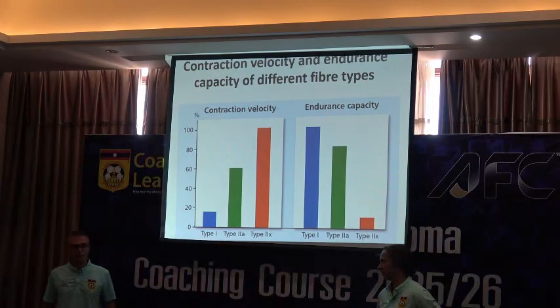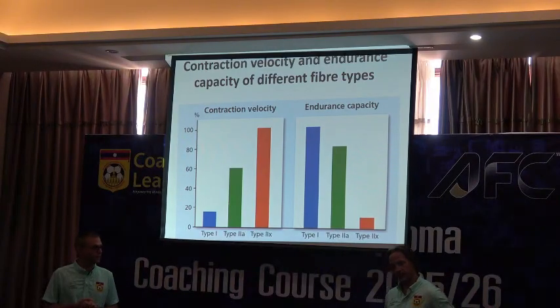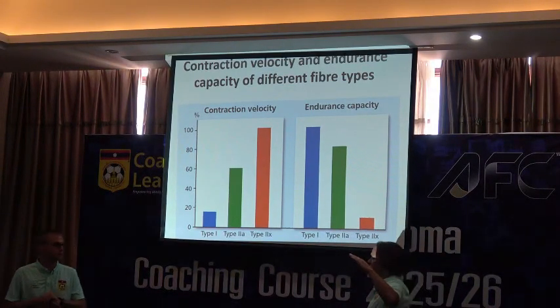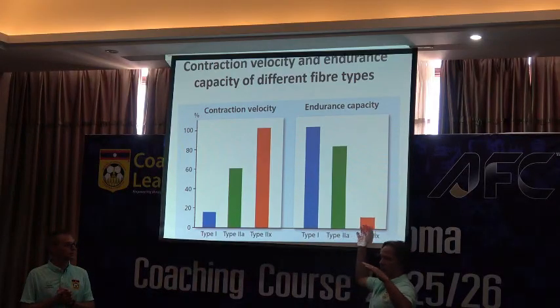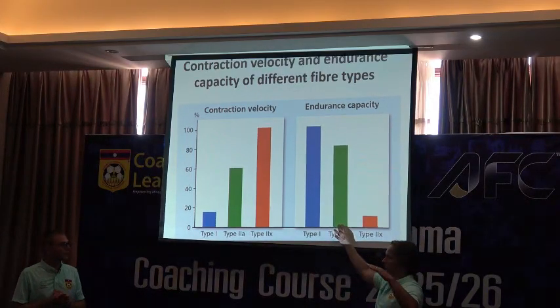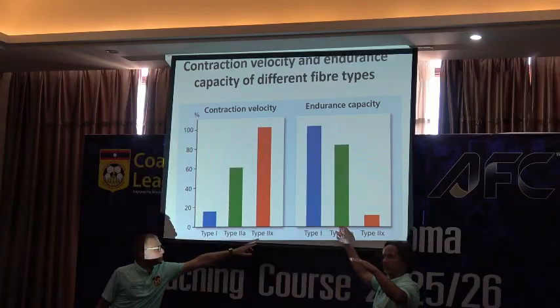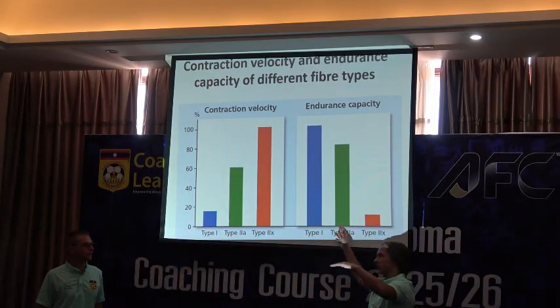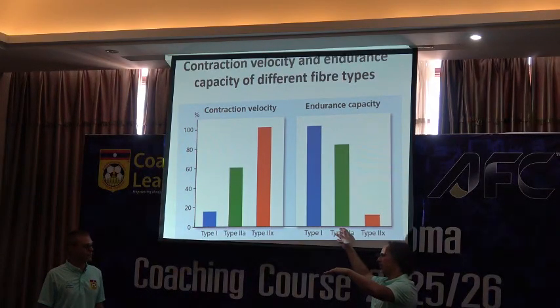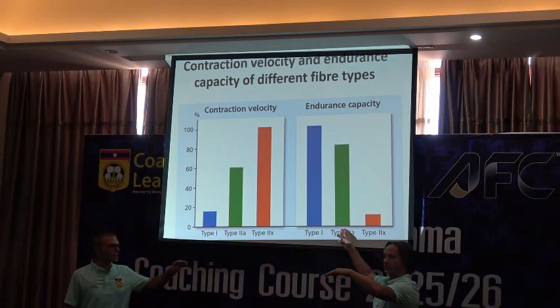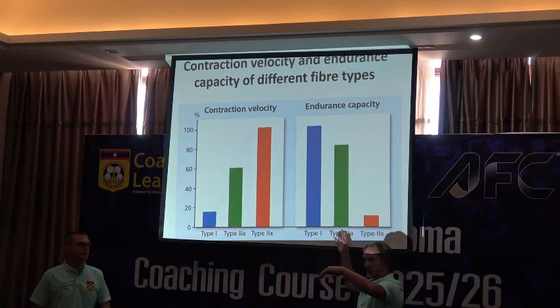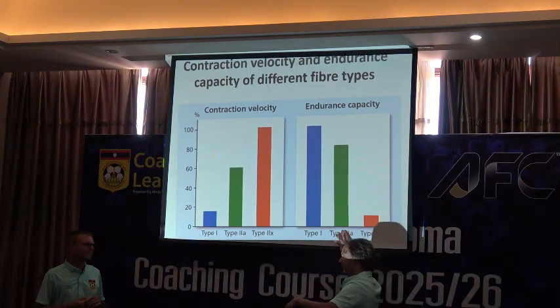So sprinters, when they go to the Olympics, whether they run the 100 meters or 200 meters, they will have very high training volume. So they train these away, turning X into A. And then the last 2 weeks before the event, they do a tapering period.